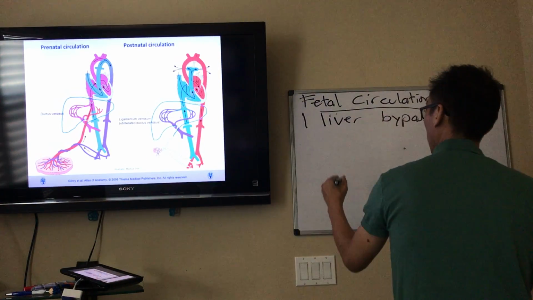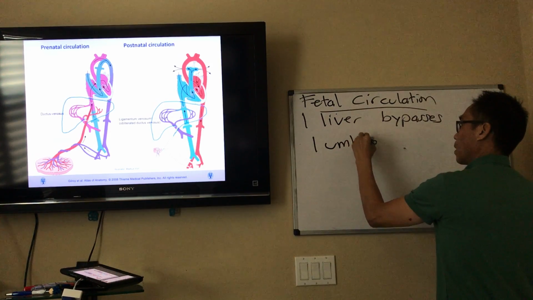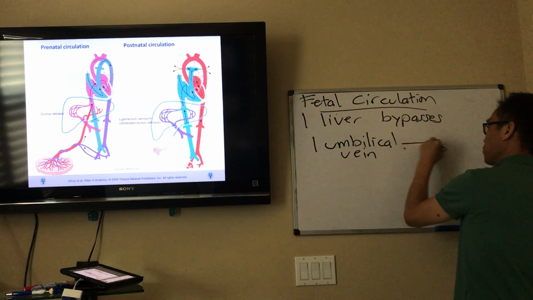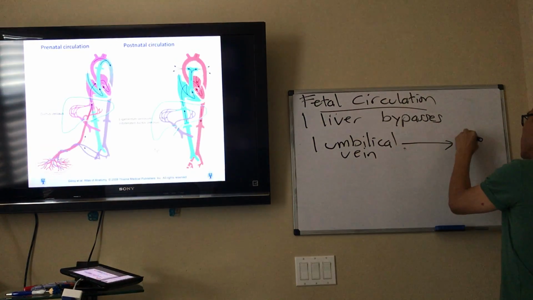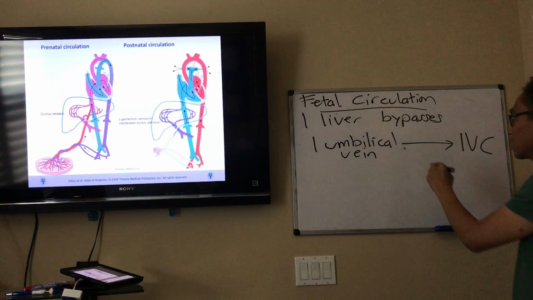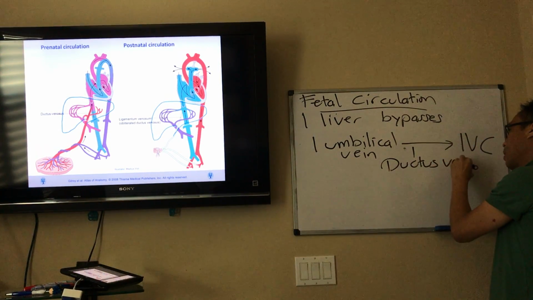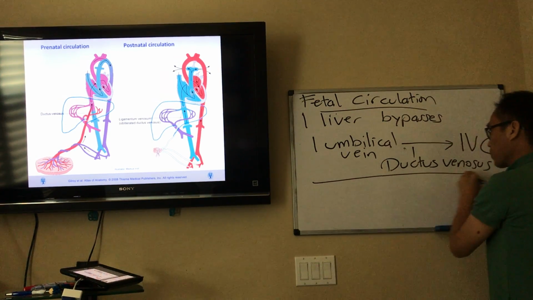Again, go straight from your one umbilical vein, go straight to the inferior vena cava, IVC, through the ductus venosus. Bypasses the liver.